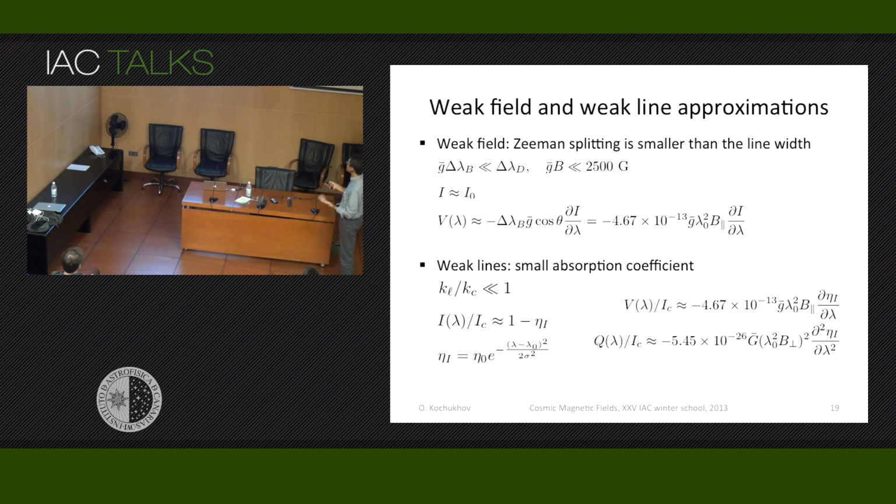Or in terms of these delta lambdas that I introduced before, the effective Lande factor times the magnetic splitting, delta lambda B, is much smaller than the Doppler width, delta lambda D. In practice, that means that roughly this g times B, the effective Lande factor times magnetic field strength, should be much smaller than this 2.5 kilogauss.